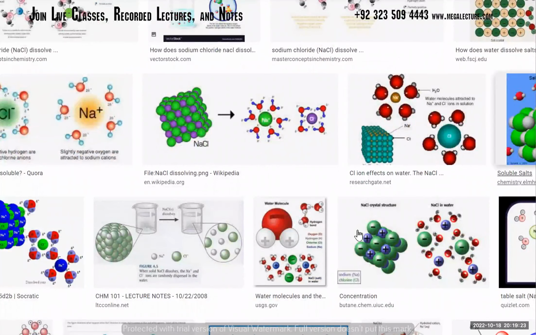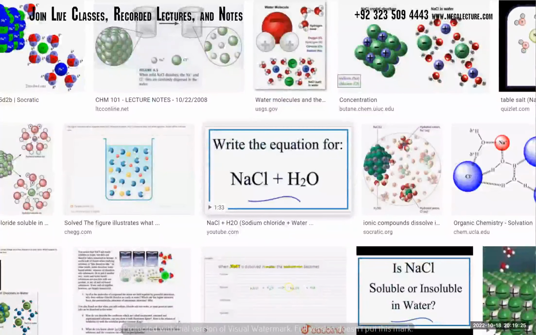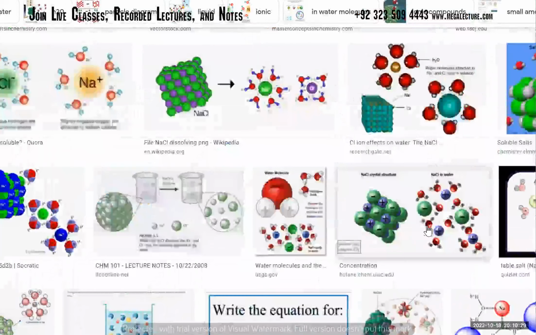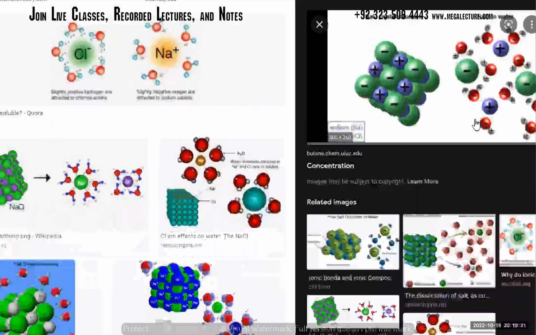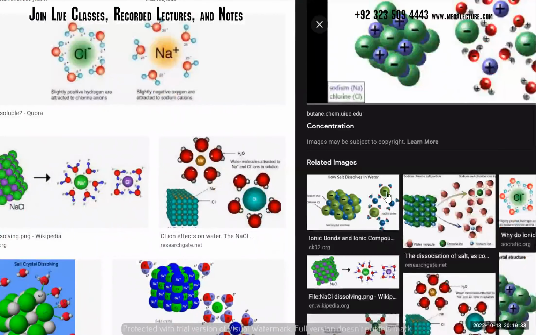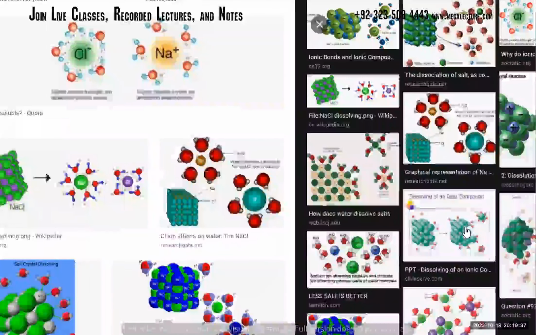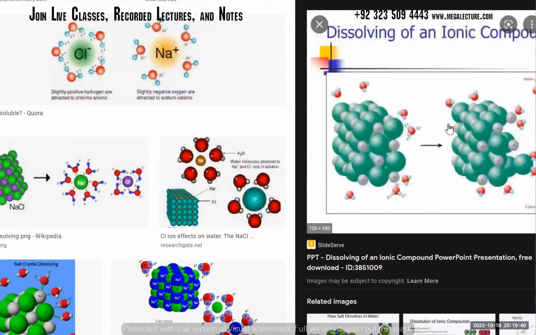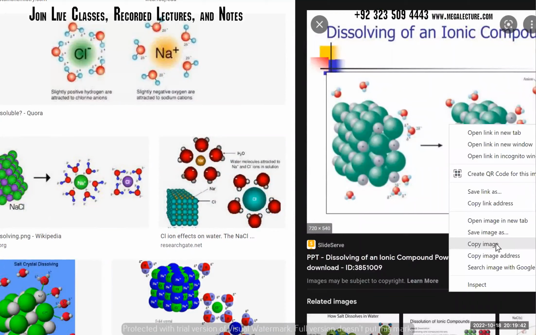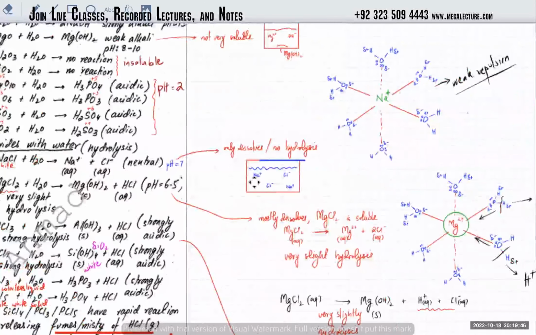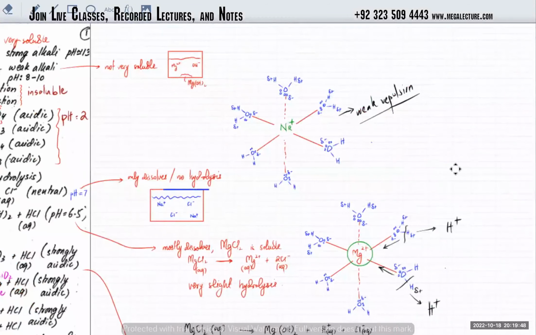Let's see, the ions are kind of getting scattered in water. Dissociation means that your ions are dissociating.